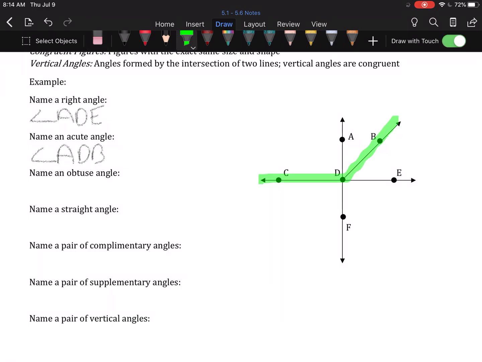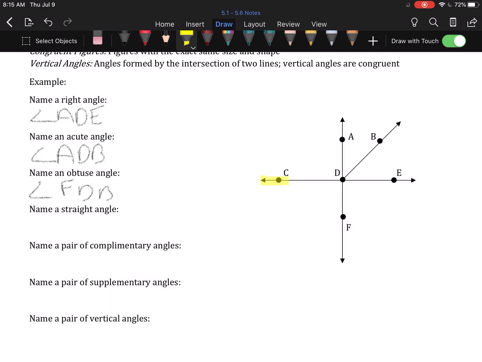There's 1. There's 2. There are 2 obtuse angles. So perhaps angle FDB for that. Could have done CDB as well.